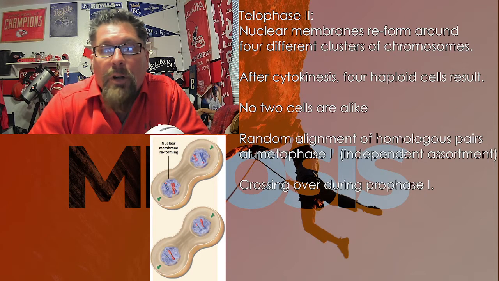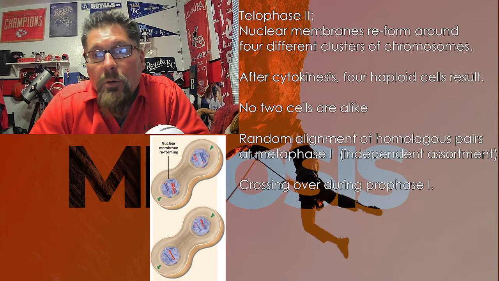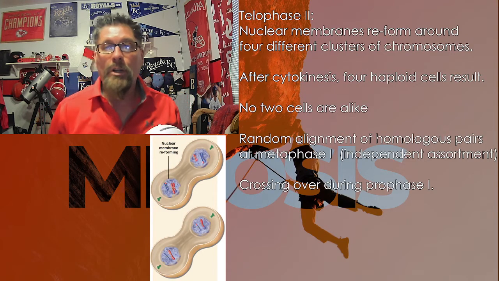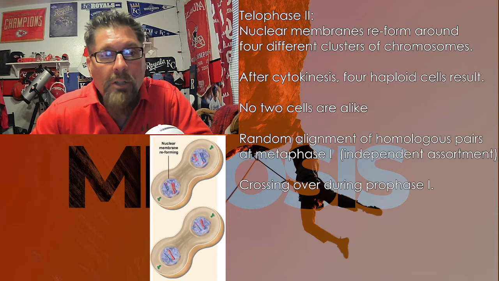And remember, the offspring, no 2 cells are going to be alike. We've gone through crossover, we've gone through independent assortment, and so we've really mixed up those alleles to some degree to try to create as much variation as possible.